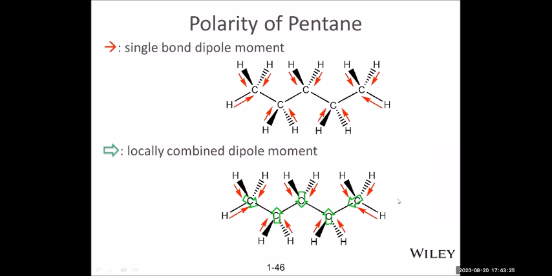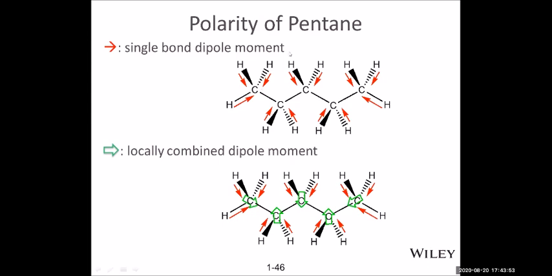So how does pentane, for example, end up being non-polar? It has so many bonds. How do we know? If you draw the real molecular structure based on the real angles, you have 5 carbons, each one tetrahedral, and each carbon has 4 bonds. Those bonds are all roughly 109.5 degrees.